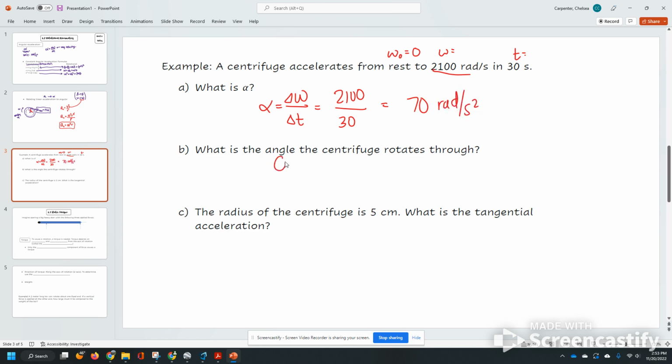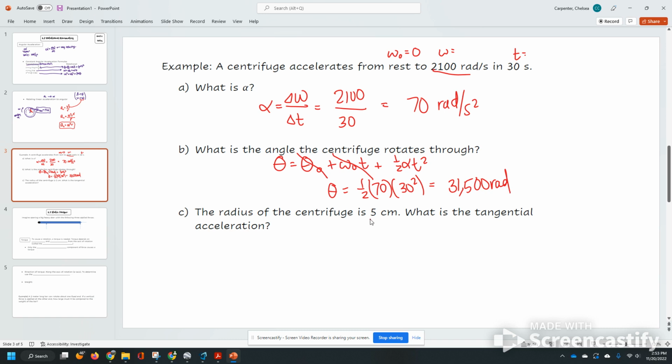What is the angle, theta, that the centrifuge rotates through? I'm going to use that second equation because I know all of these other quantities. We start from 0, that's kind of a good thing to assume. We start from rest, so that goes to 0. So our angle is just going to be 1/2 times 70 times 30 squared, which is a lot of radians. It's 31,500 radians.